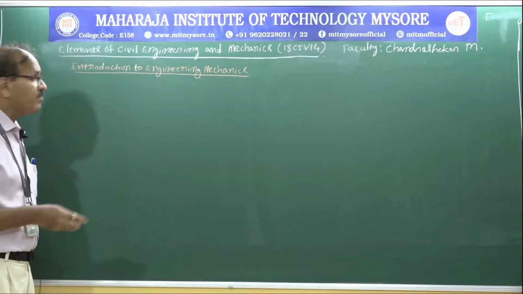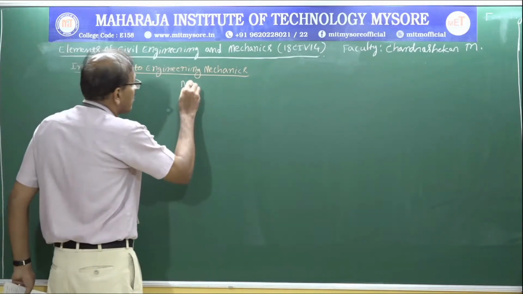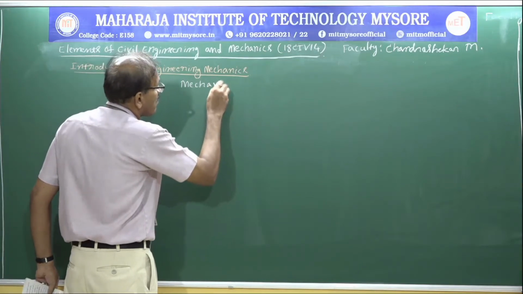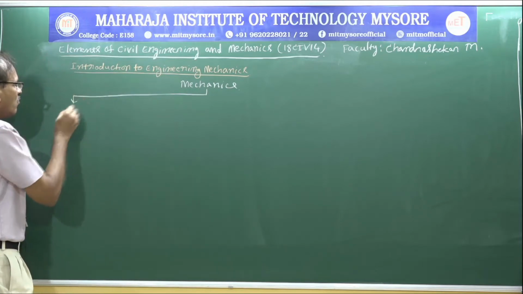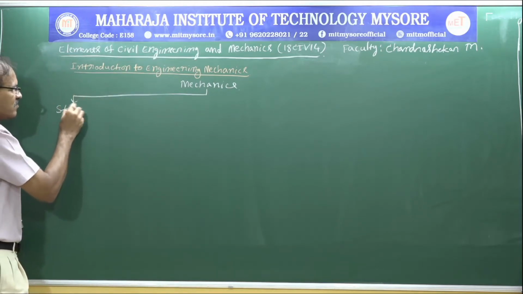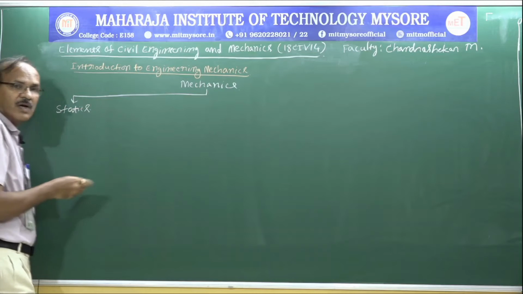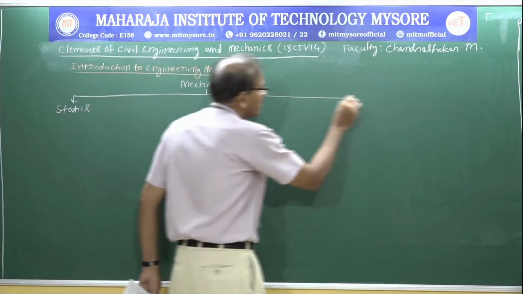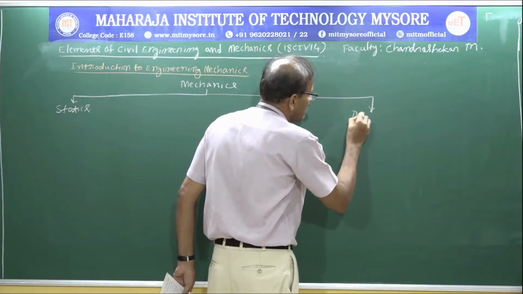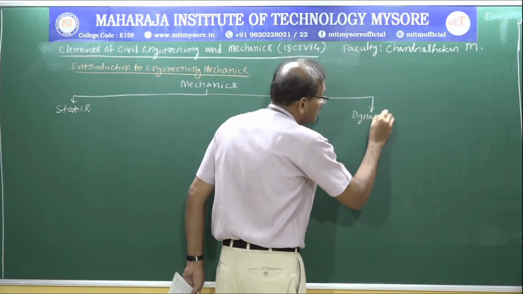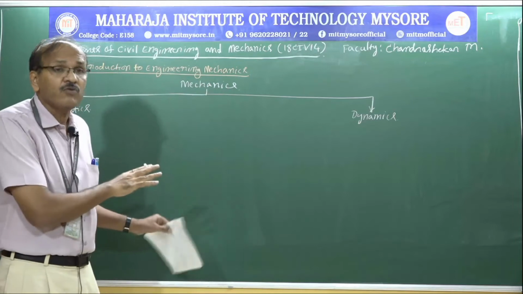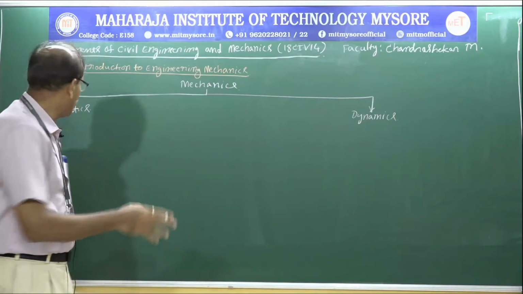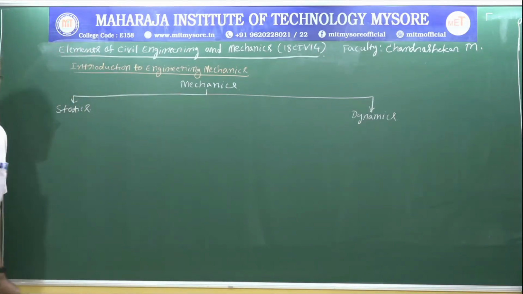Mechanics can be divided into two parts: one is statics and the other is dynamics. There is one more branch called fluid mechanics, which I am not going to cover here. I am only going to concentrate on statics and dynamics.